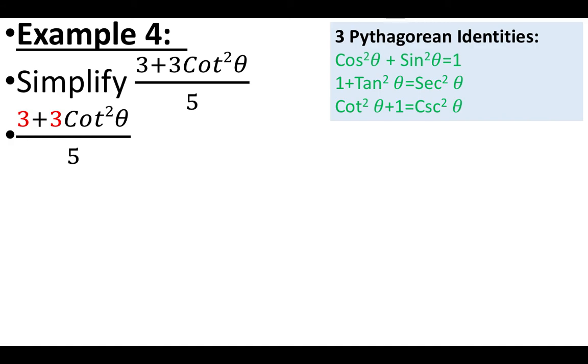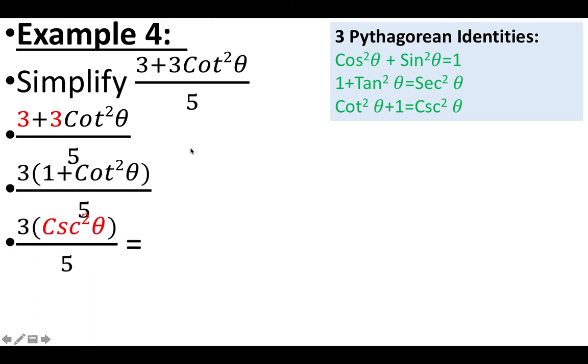Now what I'm going to do next is factor out that 3, leave what's left over in the parentheses, and then try to pull out my Pythagorean identities and see what that stuff in parentheses equals. So 1 plus cotangent squared is the same thing as cotangent squared plus 1, and it's equal to cosecant squared theta. So this part right here is going to become cosecant squared theta.